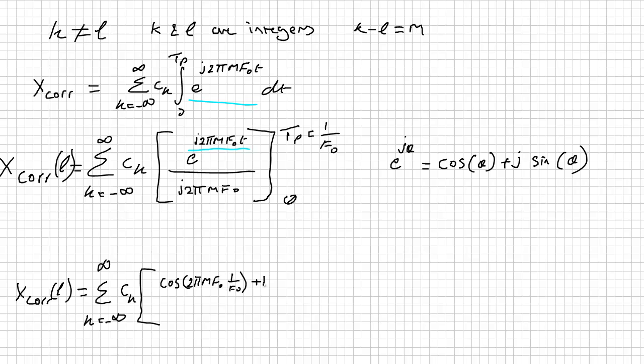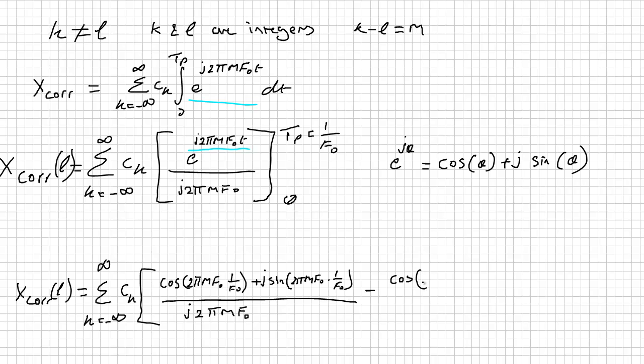plus, now we have the j, sine 2 pi m f naught times 1 over f naught, replacing time, and that's going to be over j 2 pi m f naught, and then we stick in the second limit, so we have again cos.